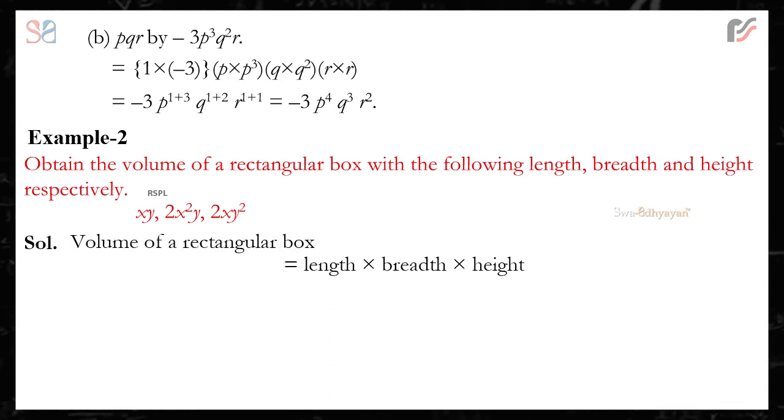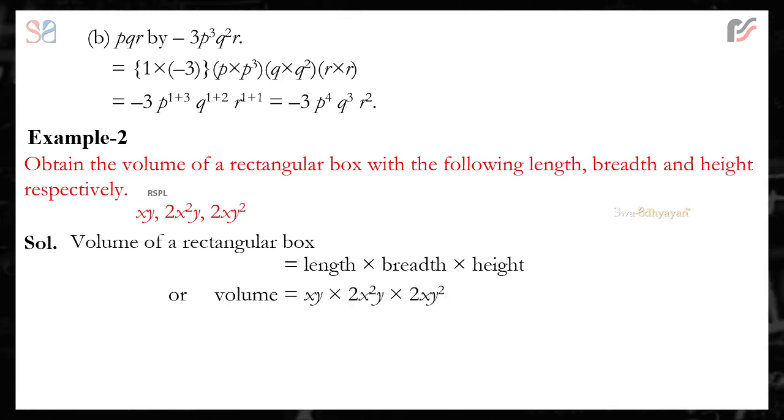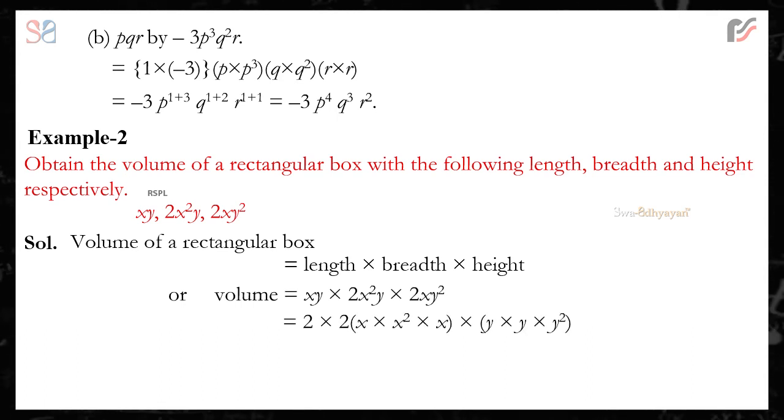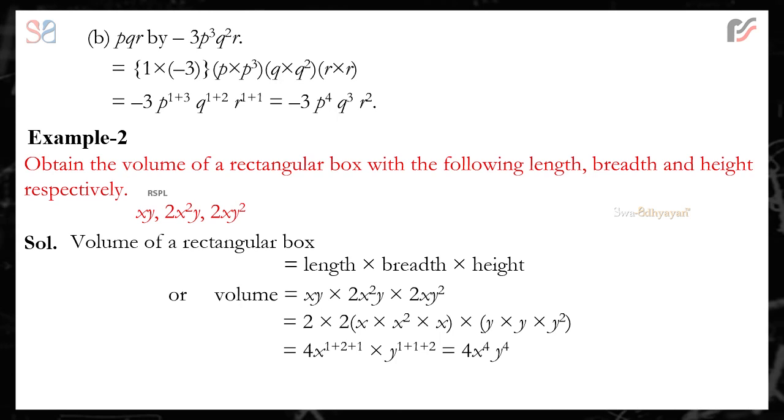Solution: volume of a rectangular box is equal to length into breadth into height, or volume is equal to xy into 2x square y into 2xy square, which is equal to 2 into 2 into (x into x square into x) into (y into y square), which is equal to 4x raised to the power 1 plus 2 plus 1, y raised to the power 1 plus 2, which is equal to 4x raised to the power 4, y raised to the power 4.